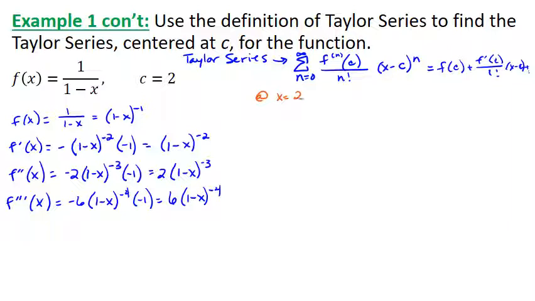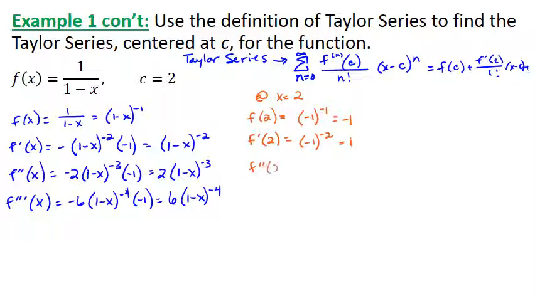And in this case, it's 2. So first, we're going to find f of 2. So when I plug 2 in here, I get 1 minus 2, which is negative 1 to a negative first power. This gives me negative 1. F prime of 2, plugging 2 in here, I have negative 1 to a negative power of 2. This gives me 1.